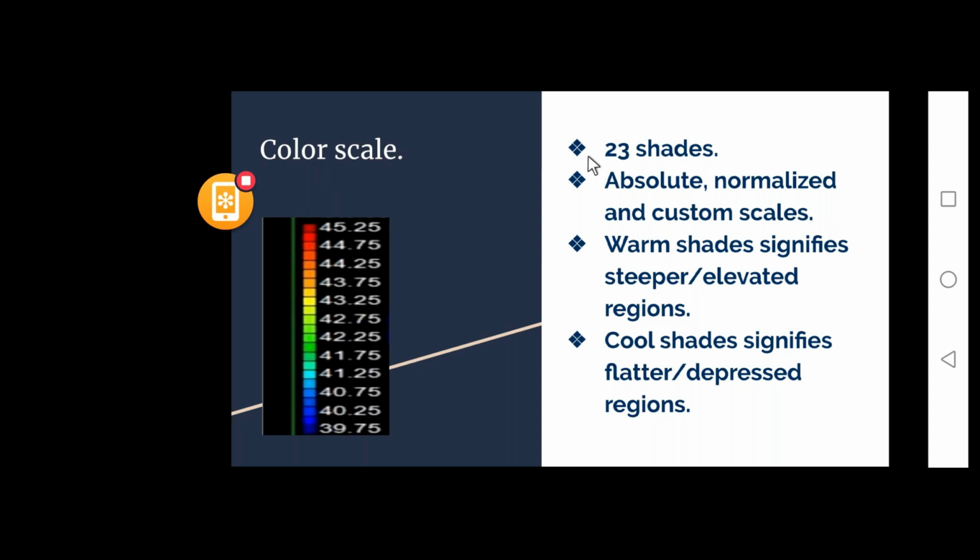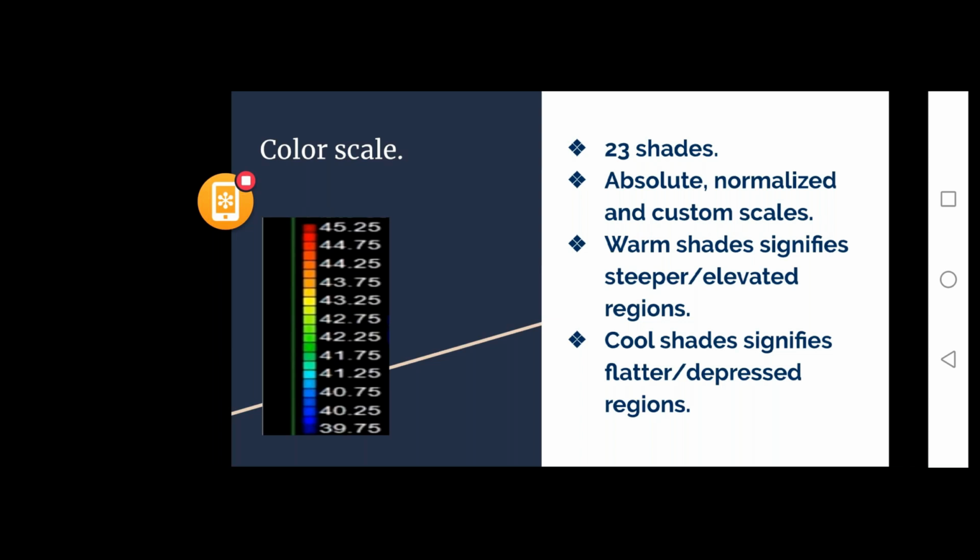Basically 23 different shades are used in this, but it can change from machine to machine, and there can be more than 23 shades as well, there can be less than 23 shades as well, but in most of the cases 23 shades suffice for everything, right?